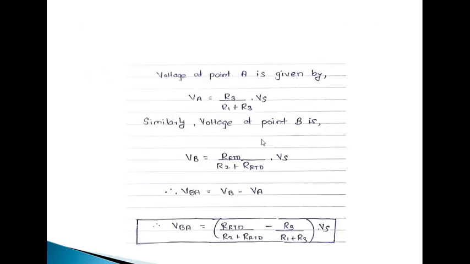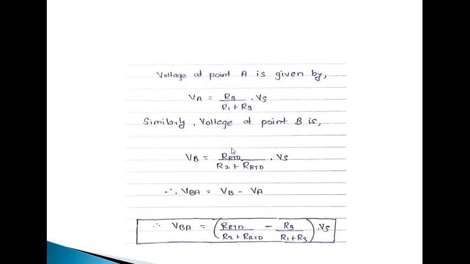So in this formula only the value of RRTD will change, and as RRTD changes, VBA will change, because R3, R2 and R1 are constant.